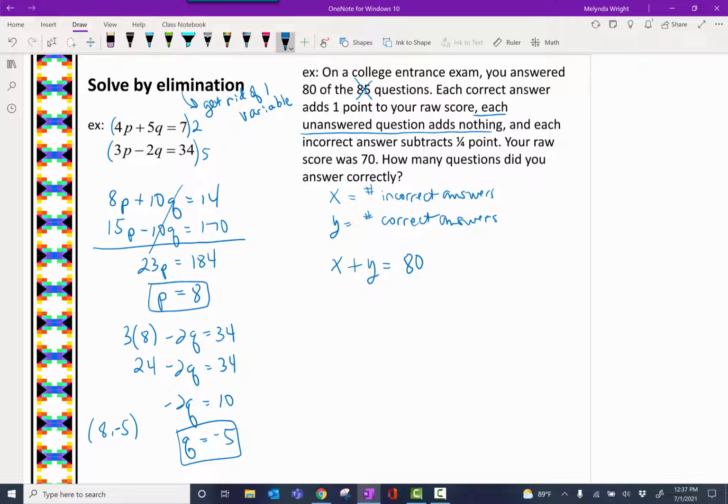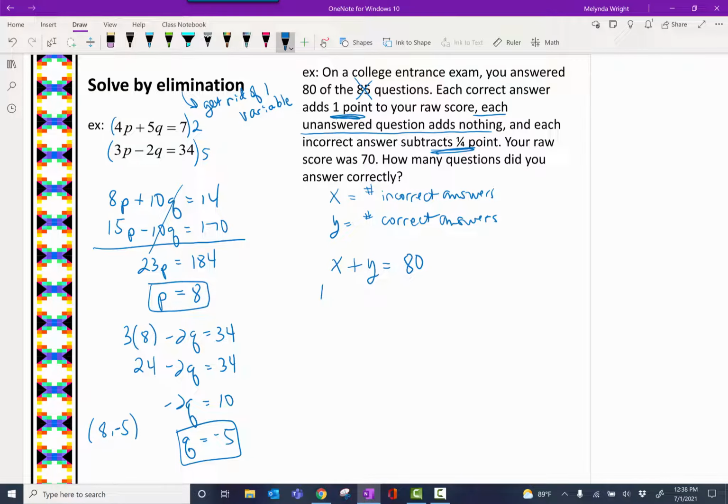Let's see what our other equation needs to be. Looks like we're putting values with variables. We have 1 point. Each correct answer adds 1 point to the raw score, and incorrect subtracts 1/4 of a point. So our correct answers are represented by y.